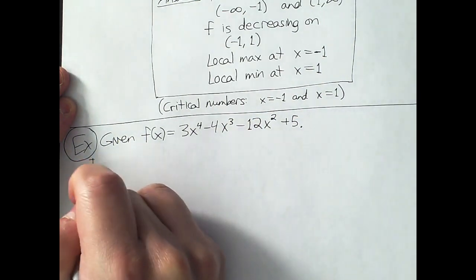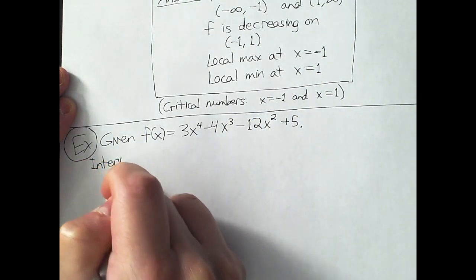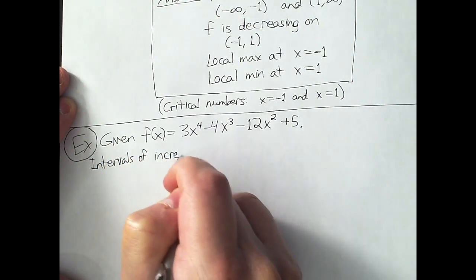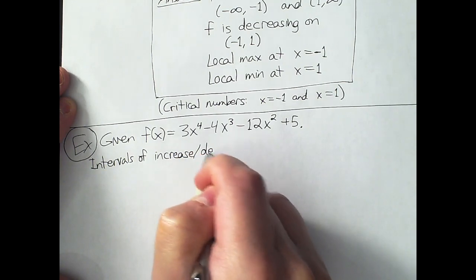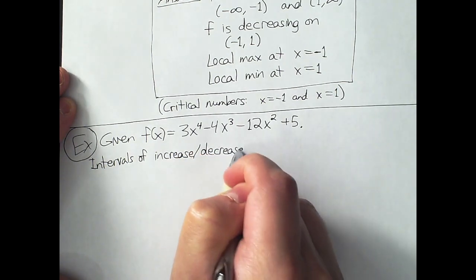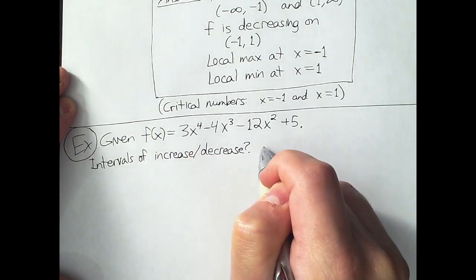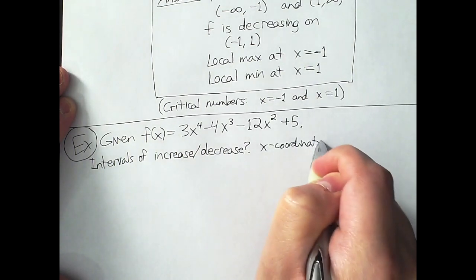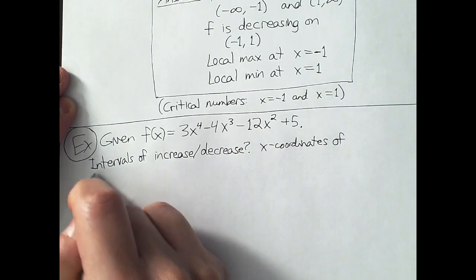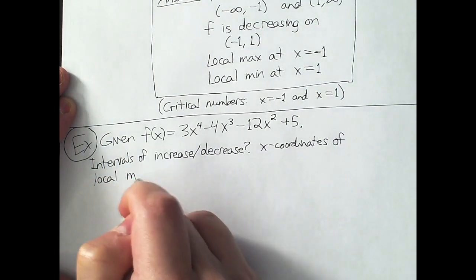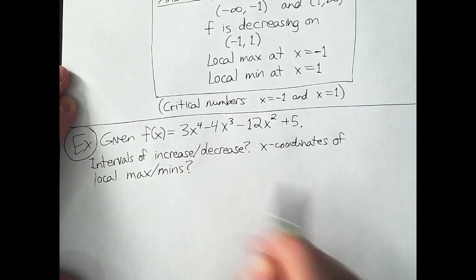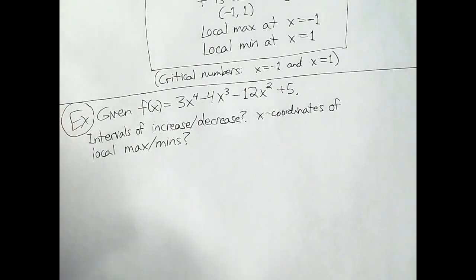You're given that function, and you want to find intervals of increase or decrease, if there are any, and x coordinates of local maxes and mins. So why don't you pause the video and take a few minutes to try to do this?